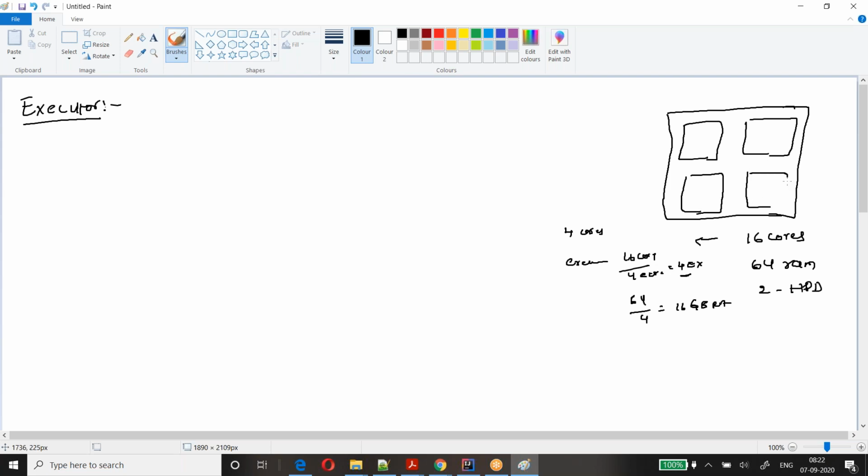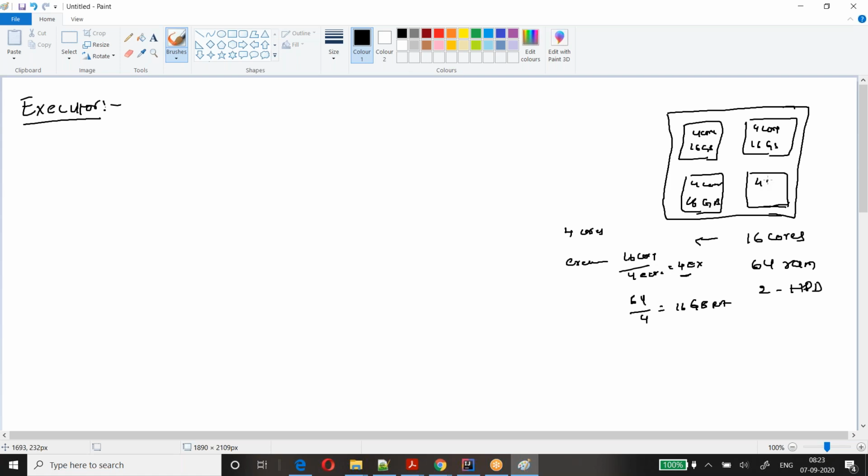One physical bigger machine, which has 4 cores and 16 GB RAM. 4 cores, 16 GB RAM. 4 cores, 16 GB RAM.